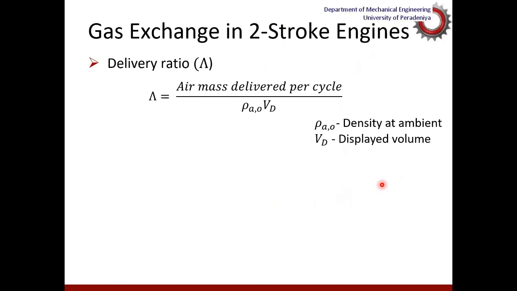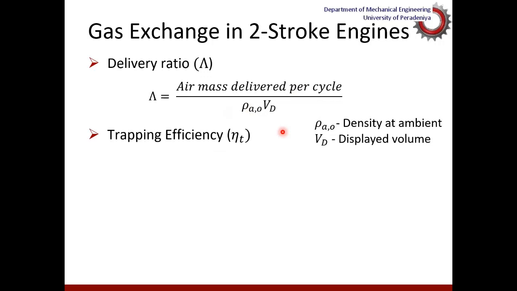As far as the quantification of the performance of the gas exchange process in two-stroke engines, we use three different approaches. One is the delivery ratio, which is the air mass delivered per cycle divided by the mass that would have been induced into the system under ambient conditions. That is basically somewhat related to the volumetric efficiency that we have discussed with four-stroke systems.